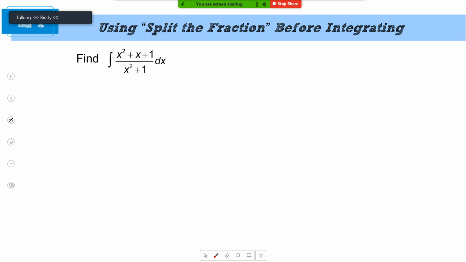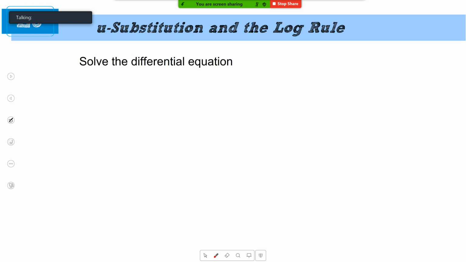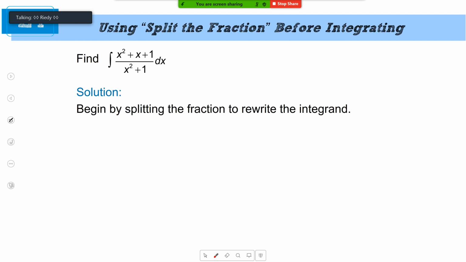I think I have this worked out already in my slideshow. Yeah. Okay. So, whoops. Sorry, I guess I don't. Splitting the fraction gives me x squared plus x plus 1 over x squared. Hold on.